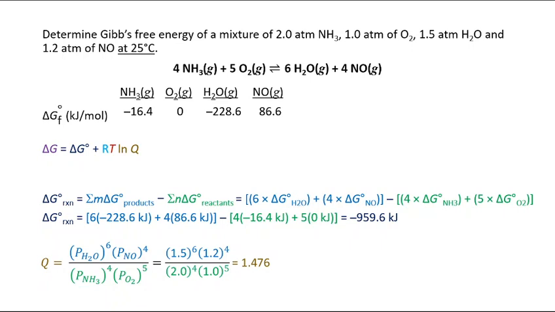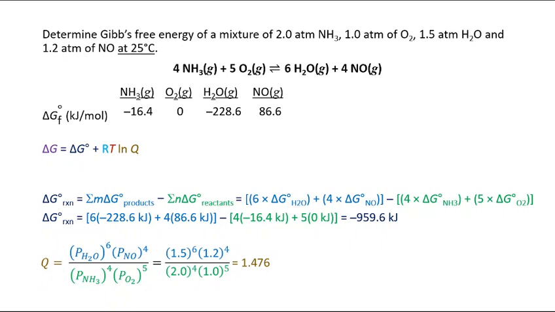You have 4 NOs, and so you need to make sure that your partial pressure of NO is raised to the power of 4. Similarly with the reactants on the bottom, you have 4 NH3s, and so the partial pressure of NH3 needs to be raised to the power of 4. And you have 5 O2s, and so the partial pressure of your O2 needs to be raised to the power of 5.